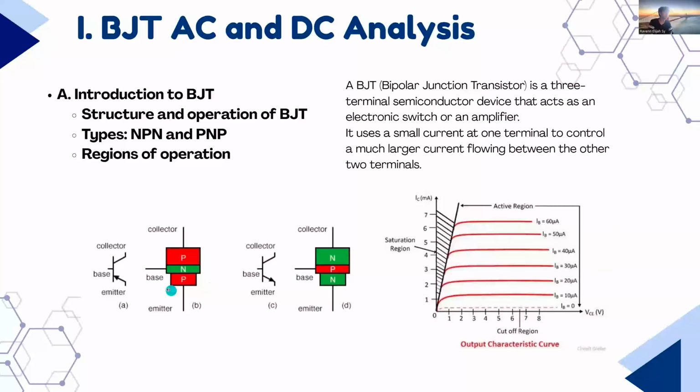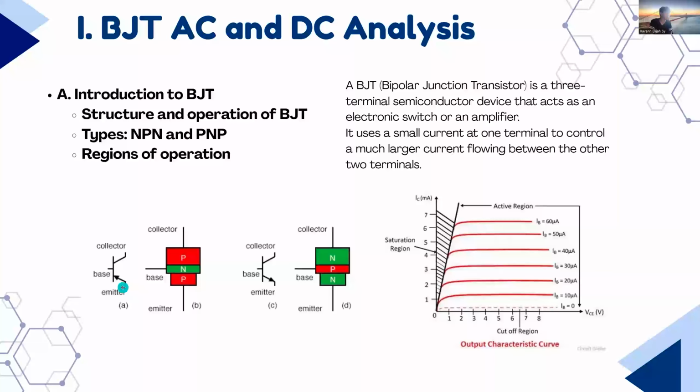The other type is the PNP, which is the exact opposite. An N-type layer is sitting between two P-type layers. Here, current flows out of the base to turn it on. The easiest way to tell them apart is the arrows. On the NPN type, the arrow is pointing towards the emitter, and on the PNP, the arrow is pointing towards the base.